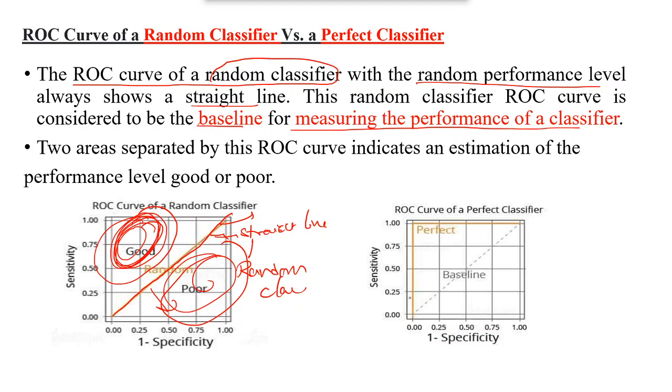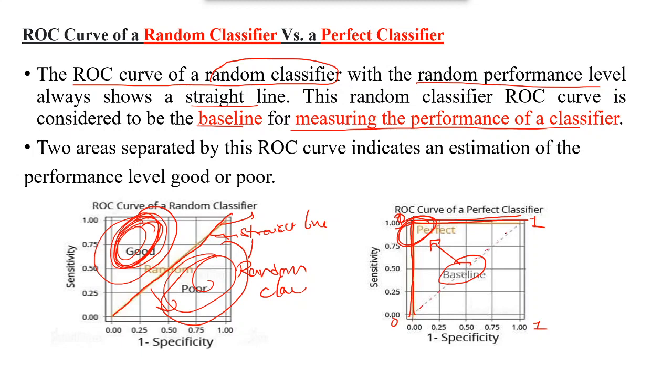Here this is the ROC curve of the perfect classifier. Here this is 0 and this is 1, this is 0 and this is 1. When model B is drawn like this, this is the perfect model, meaning the model is above the baseline.